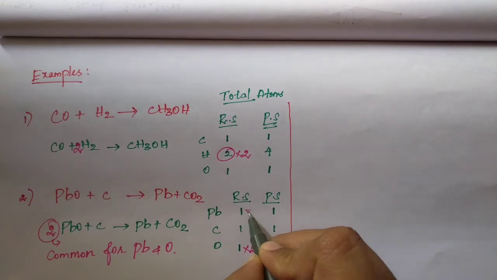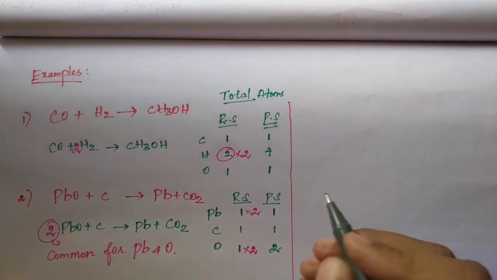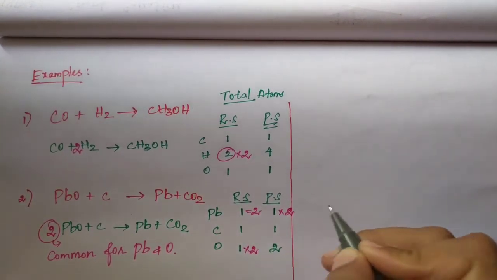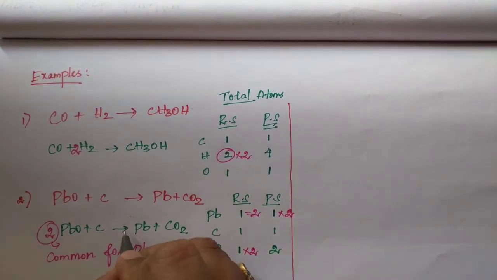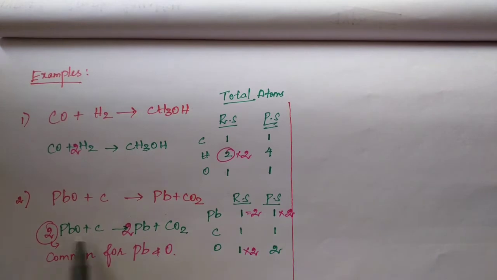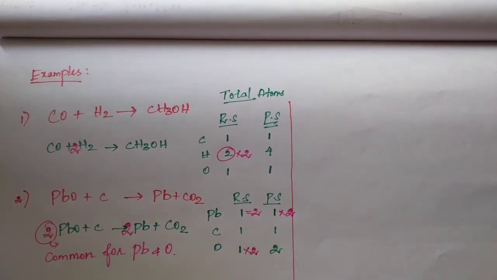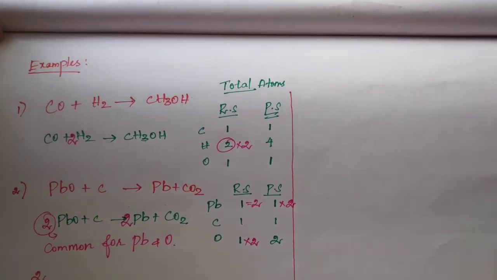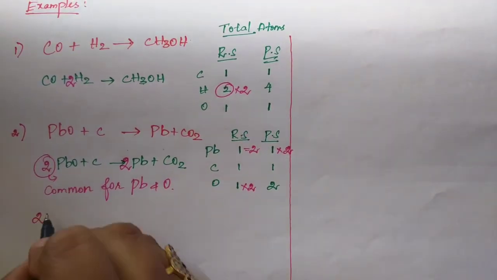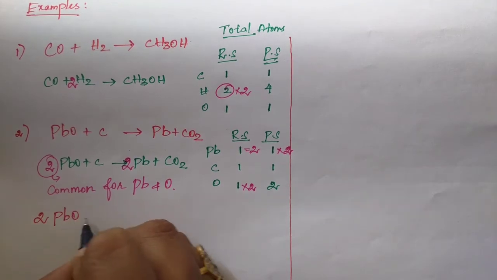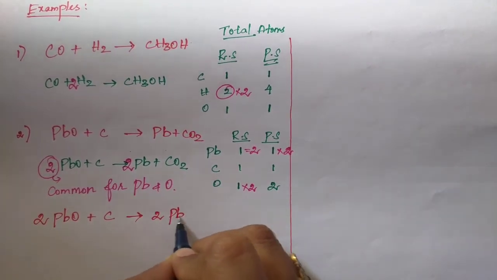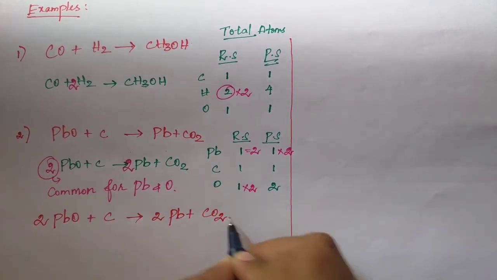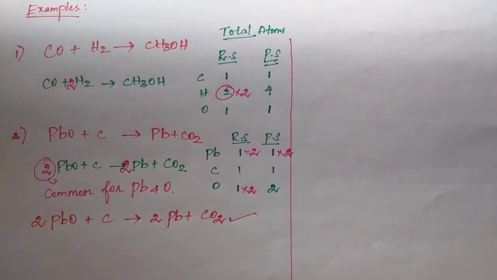So here also you have to multiply by 2. Now both the sides lead is equal. So now the equation is 2 PbO plus C gives 2 Pb plus CO2. Now this is a balanced equation, students.